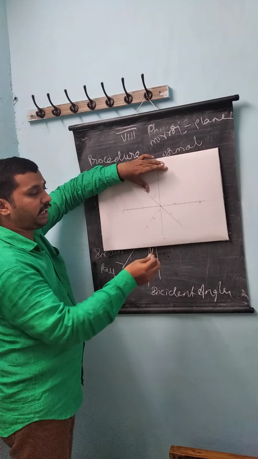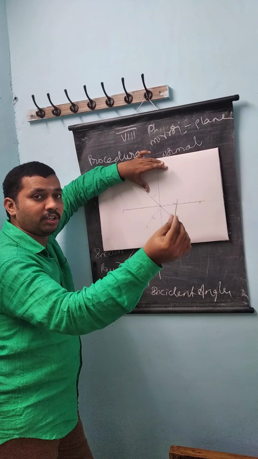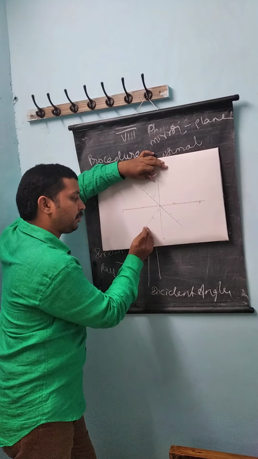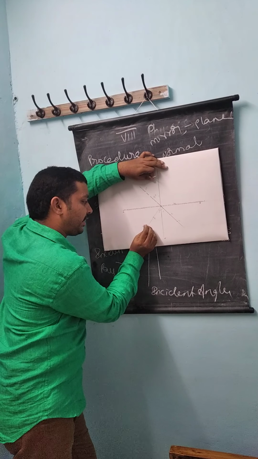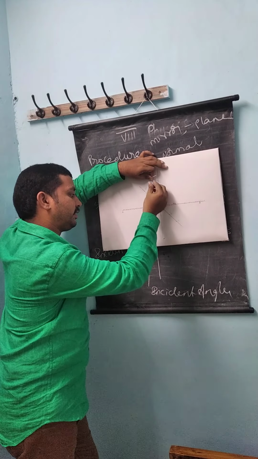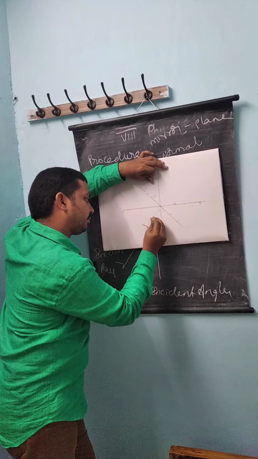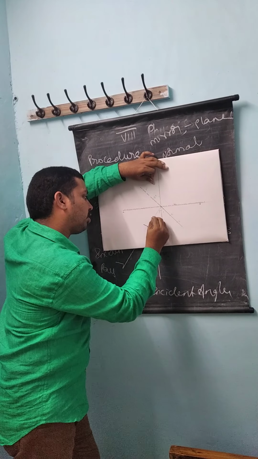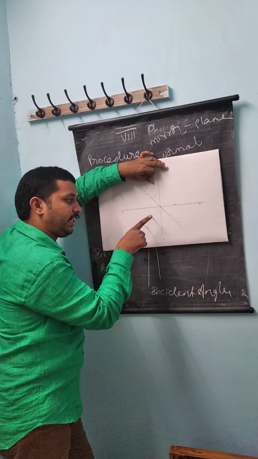Now, we take two pins or toothpicks and place them at different positions on that incident ray like this, such that they are identical and of the same height.